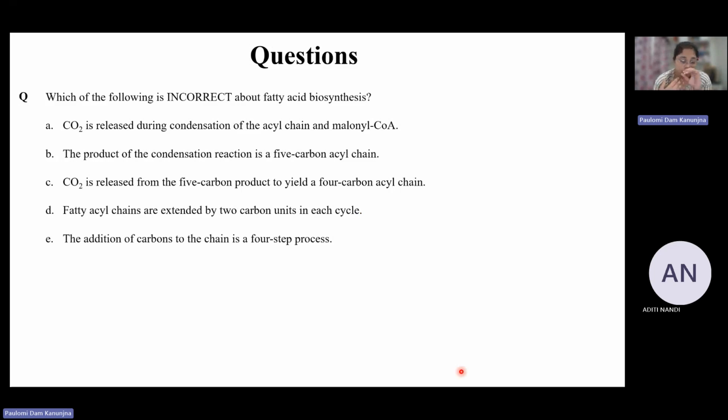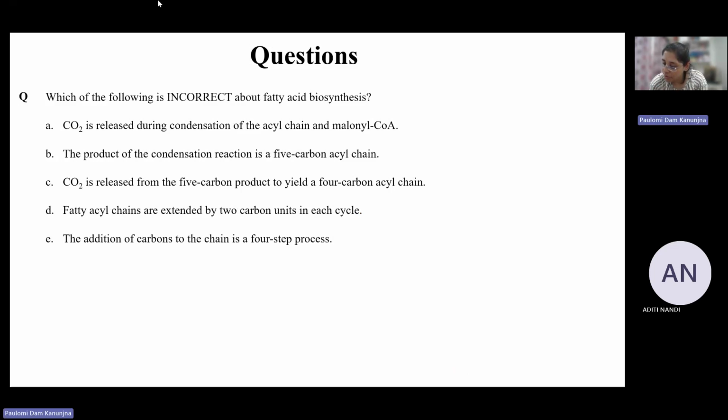The first one says CO2 is released during condensation of acyl coenzyme and malonyl coenzyme A. Next is a product of condensation reaction is a 5-carbon acyl chain. Next one says CO2 is released from the 5-carbon product to yield a 4-carbon acyl chain. Next it says fatty acyl chains are extended by 2 carbon units in each cycle. And the last one says that the addition of carbons to the chain is a 4-step process.